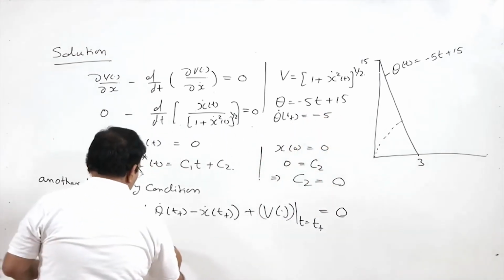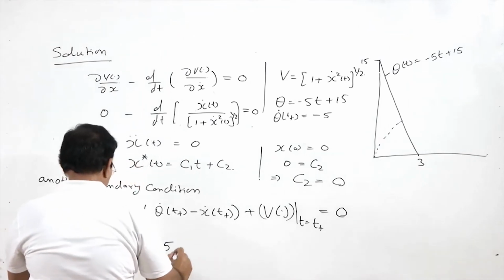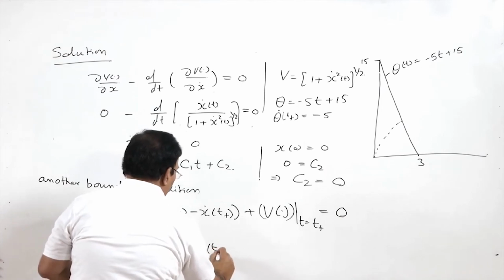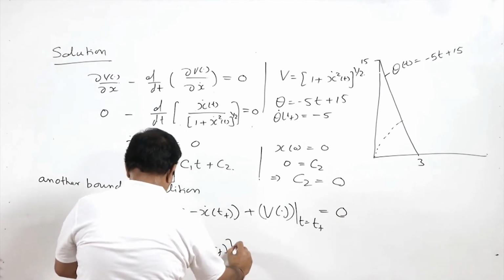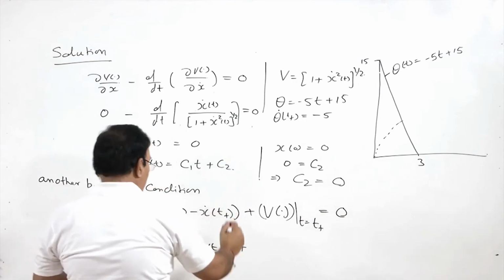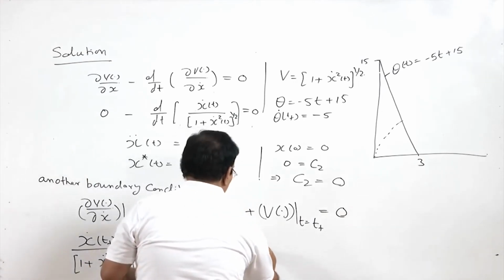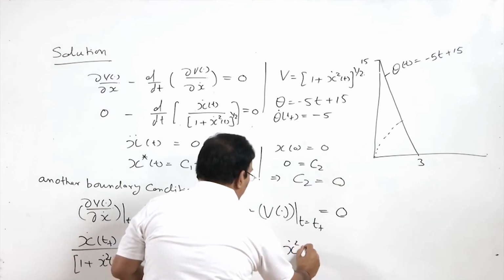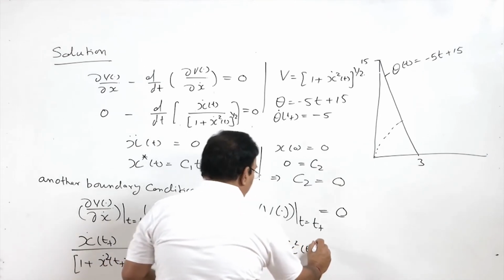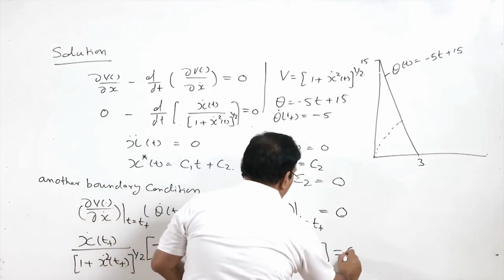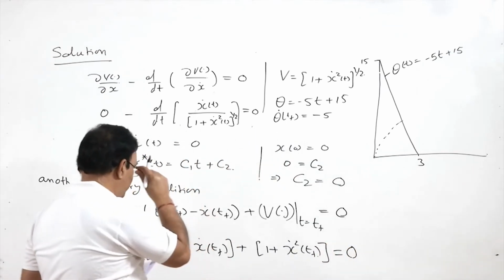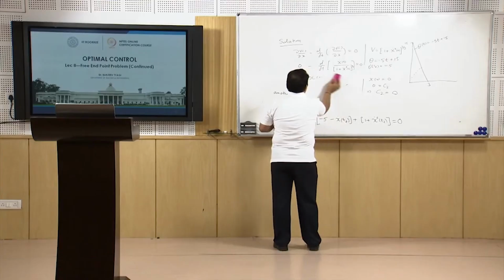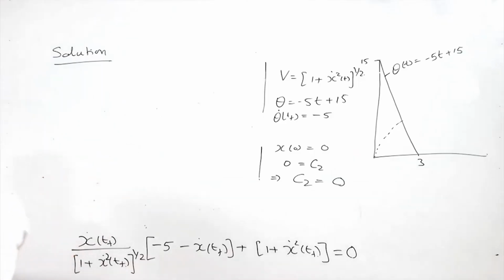So, this is minus 5, minus x dot of tf, and what is v at tf? It is square root of 1 plus x dot square of tf, and that must be equal to 0. So, we are given my last condition.